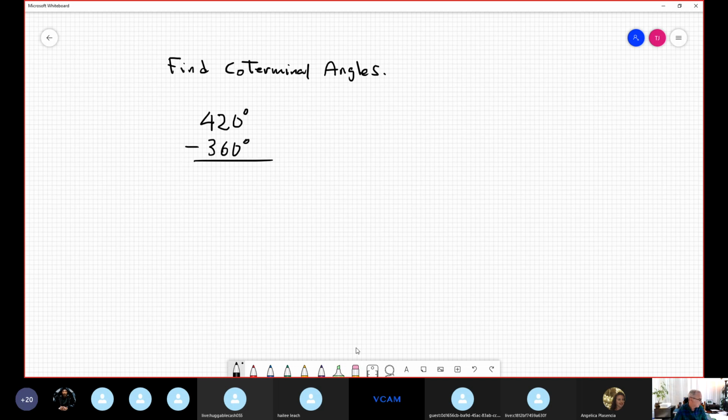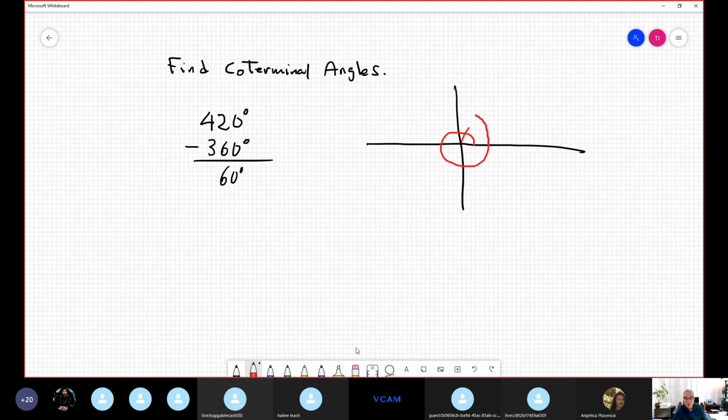When you're subtracting 360 degree, you have 60, no? Yes, it's 60. That means, look, let me show you. Our angle, 420 degree, is one revolution, which is 360 degree, and 60 more here.